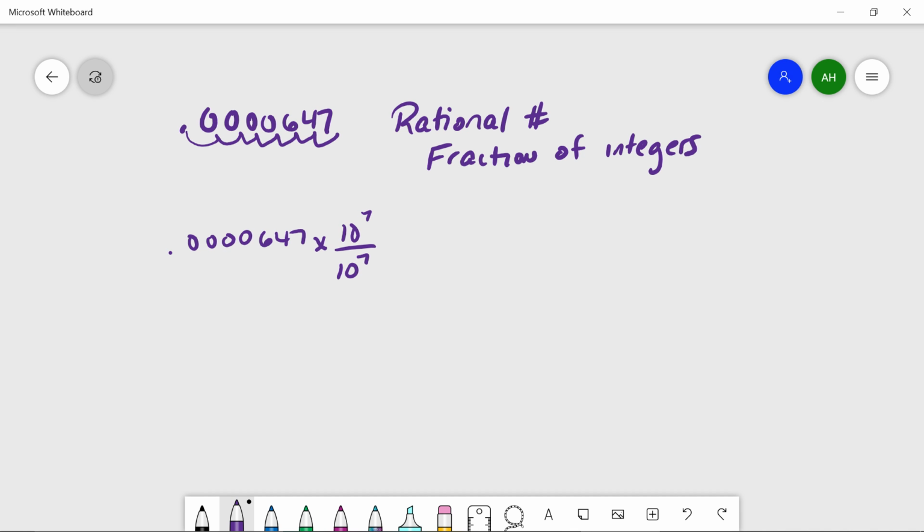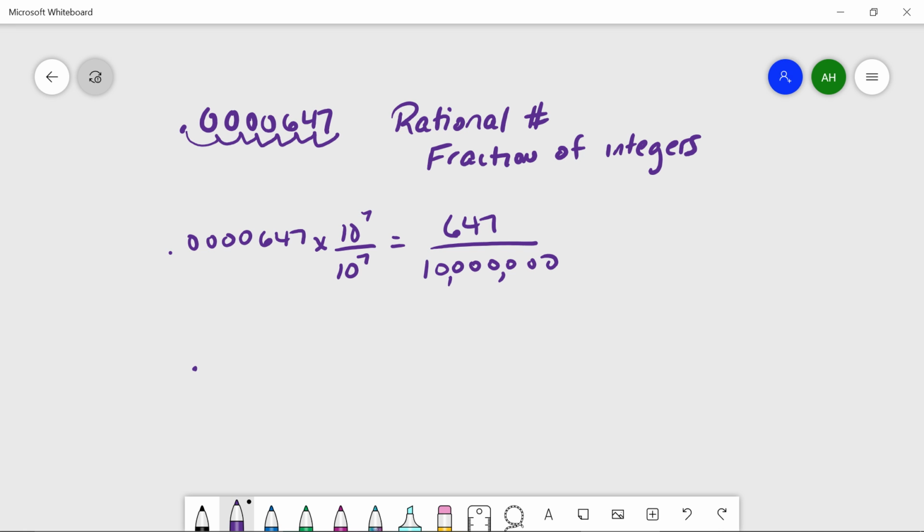I'm multiplying it by 1, right? So I'm going to get 647 on top, and down here I'm going to get 10 to the 7th, which is 1 followed by 7 zeros. So I can show that this number is a rational number by writing it as a fraction of integers.